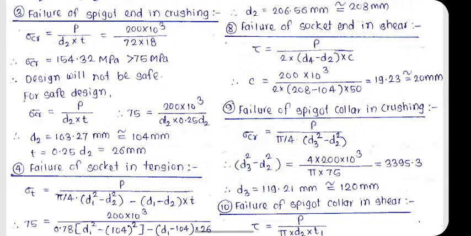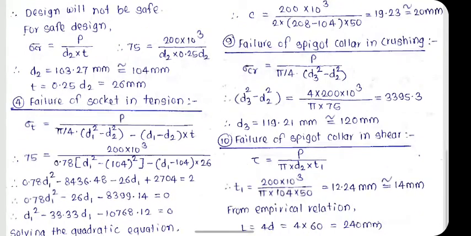So from this equation D2, that is inside diameter of socket or diameter of spigot, is equal to 103.27 mm, that is approximately equal to 104 mm, and from this diameter you will get thickness as 26 mm. So for these values of diameter and thickness, our design will be safe. Okay, so use the values of D2 and T as 104 mm and thickness as 26 mm for further calculations.